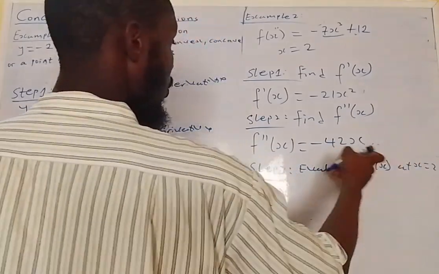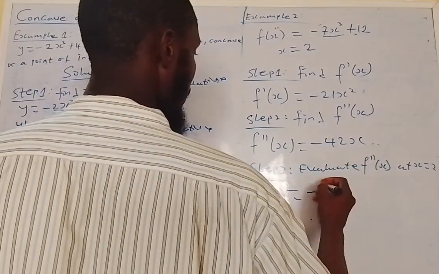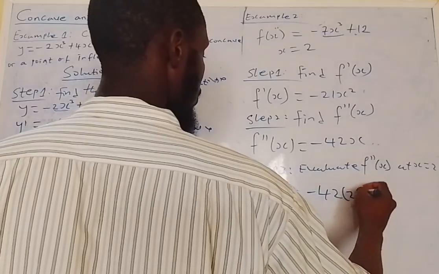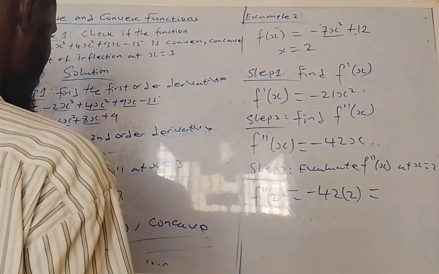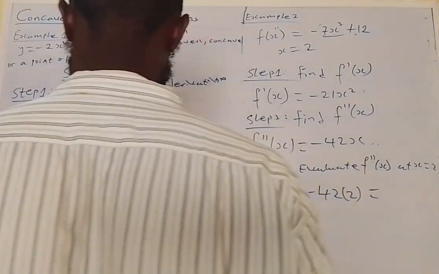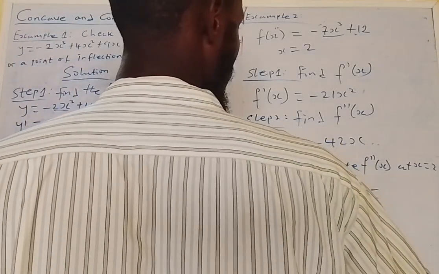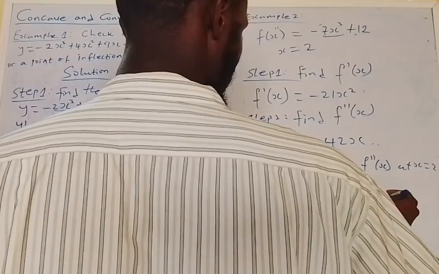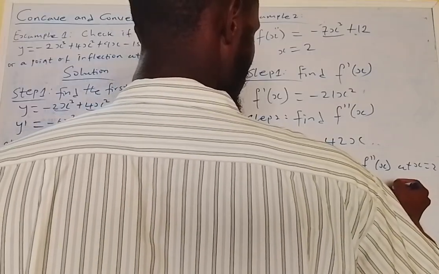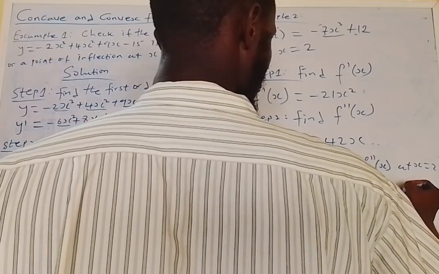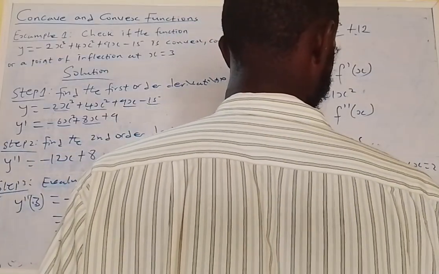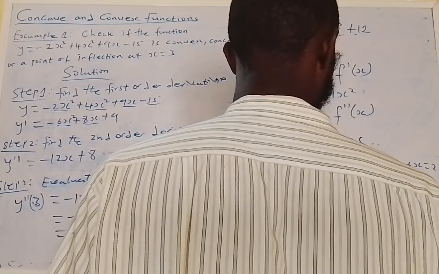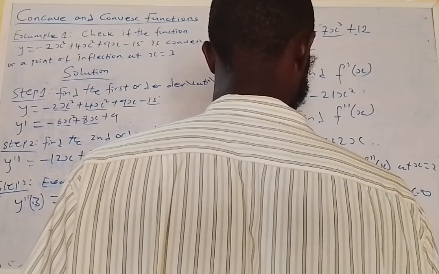Wherever we see x, we put 2, so we have minus 42 times 2, which equals minus 84. It's still concave because it is less than 0. So the function is concave.